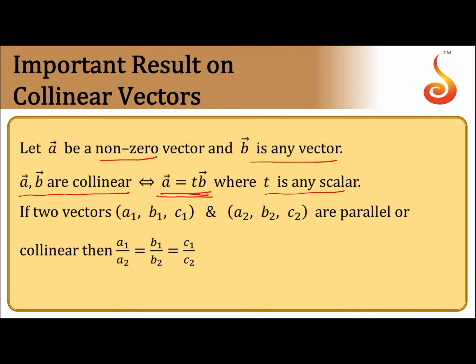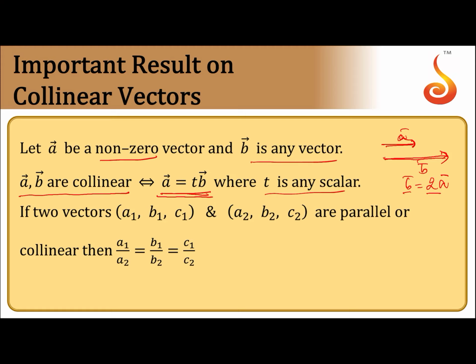For example, if one vector is A bar, half the size of the vector B bar, then B bar is nothing but 2 times the A vector. Clearly B is a scalar multiple of A, double in magnitude but in the same direction. So they are parallel vectors.